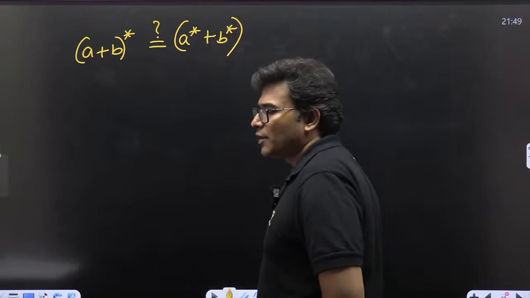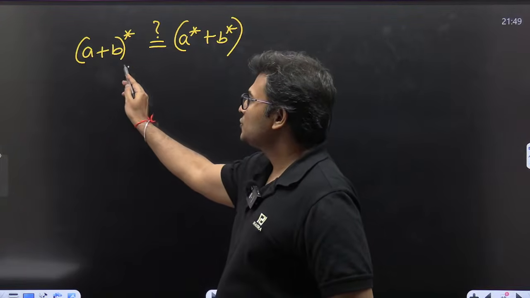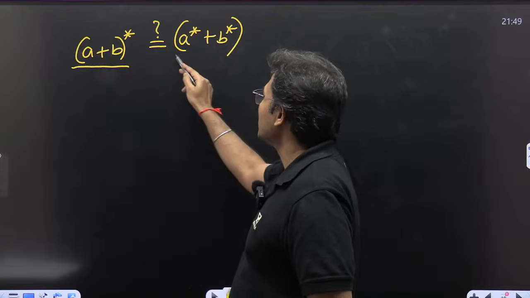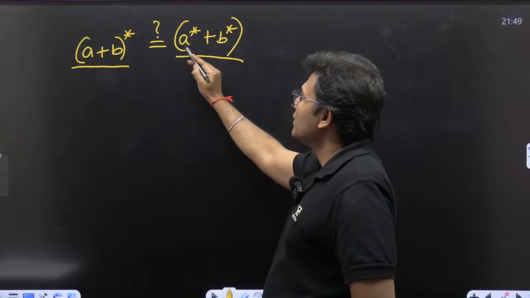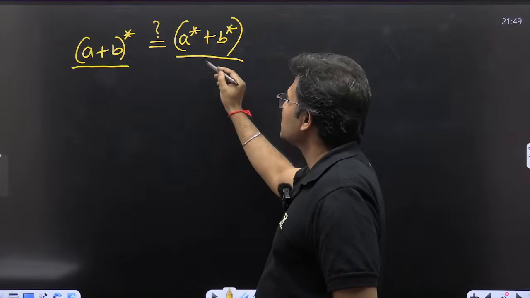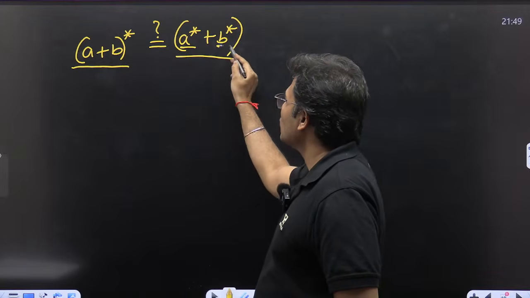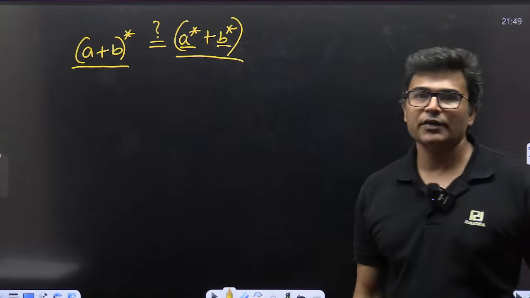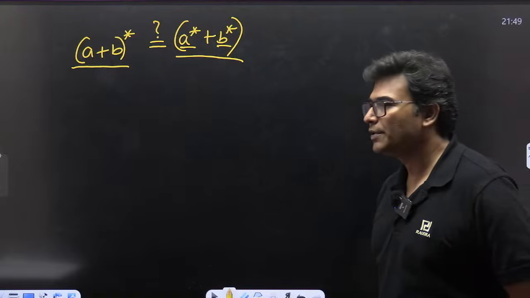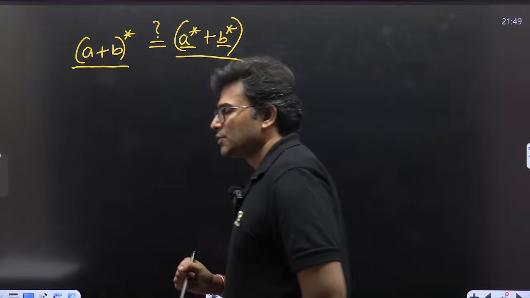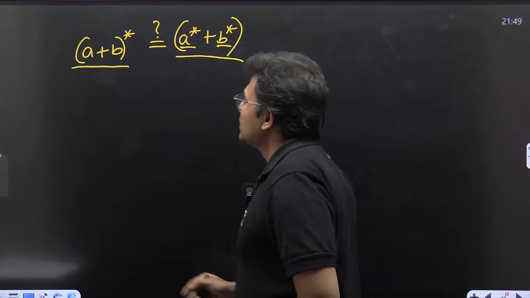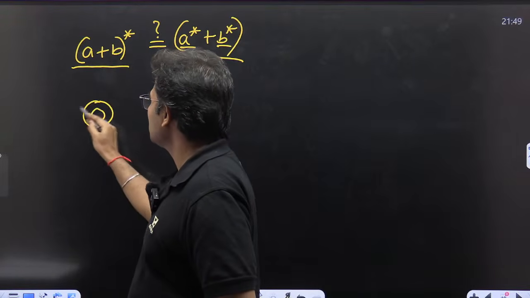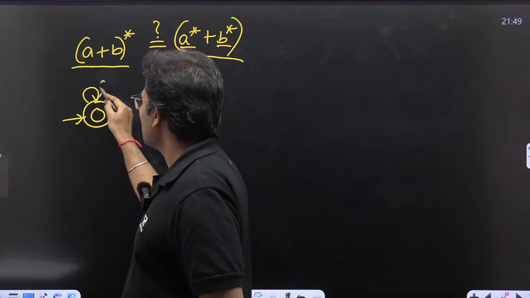So they are not equal, right? This is the universal language, everything is covered. And here it is either only a's or only b's. Let me tell you one thing. What is the DFA for this? Simply you can write a, b.